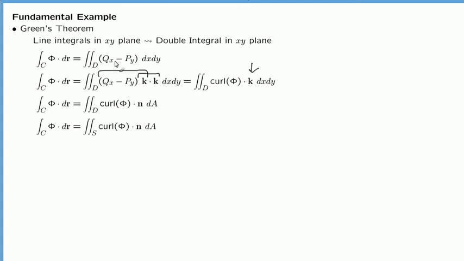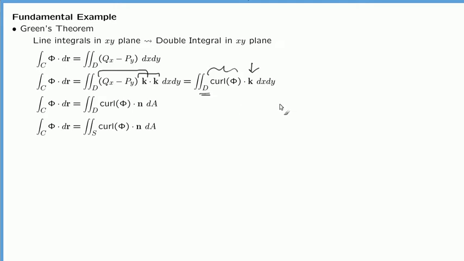So Green's theorem is just a double integral. By doing that, we interpreted it as a surface integral. Here is a vector field in three-dimensional space, always in the direction of upward or downward. And then here's a normal vector for our surface D, which is interpreted as a surface sitting inside three-dimensional space, not just xy space. Then this is a surface integral.